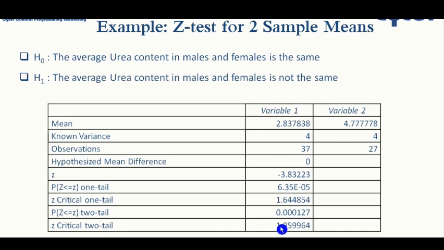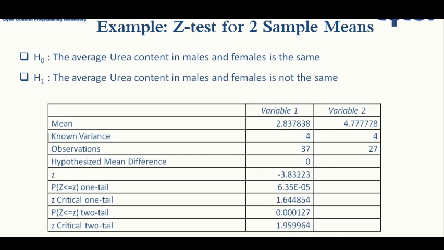Okay, so what is happening? 3.83 is bigger than 1.96, or 1.95 here. So according to that test rule also, we will reject the hypothesis, because Z observed is greater than the Z critical.